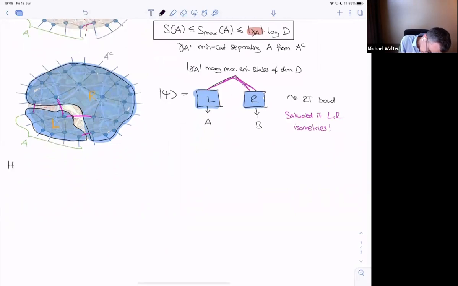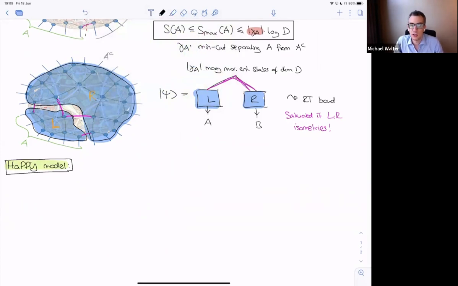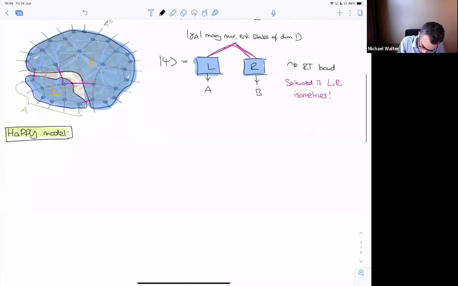The HaPPY model, which is Harlow, Preskill, Pastawski, and Yoshida, they basically said, let's just take small tensors that are isometric in any possible way. Such tensors are called perfect tensors. I'll define them formally in a moment. And then let's think about in which cases L and R are actually isometries. So that was their idea.